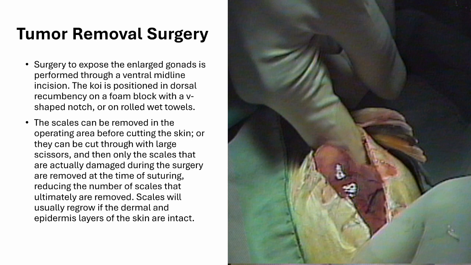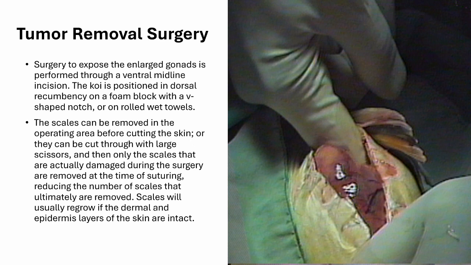So here's going in and doing the surgery itself. The fish is kept on its back on a wet towel. The water is pumped in through its mouth, out through its gills. You need to keep the surface of the fish wet, make a ventral abdominal incision, bluntly dissect. There often are adhesions where the intestines or the liver might have some stickiness to the sides of the body wall.